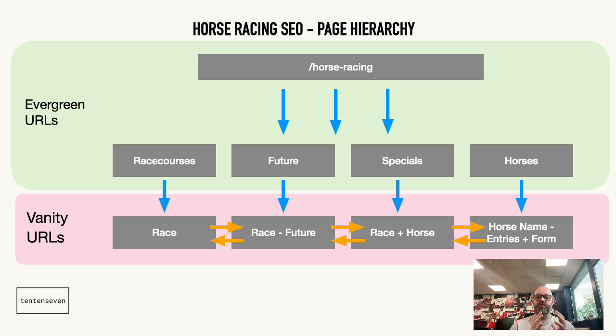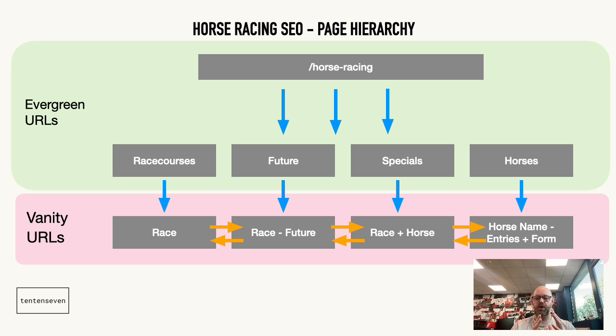Now, in respect to dynamically generated pages that sit below that, so for instance race meetings, race festivals, individual races themselves, create vanity URLs that have content on them constantly that then get dynamically updated.